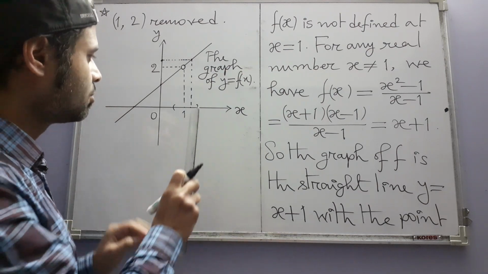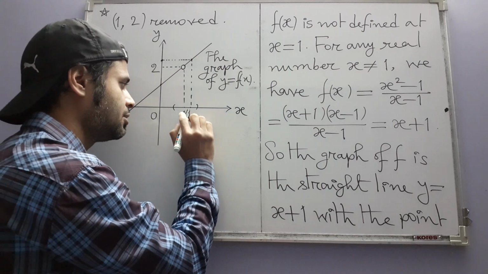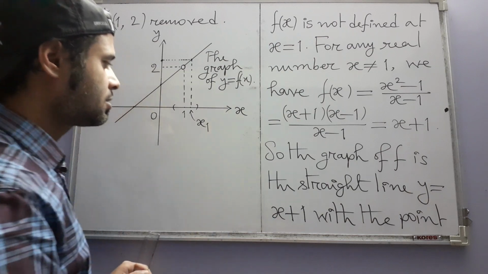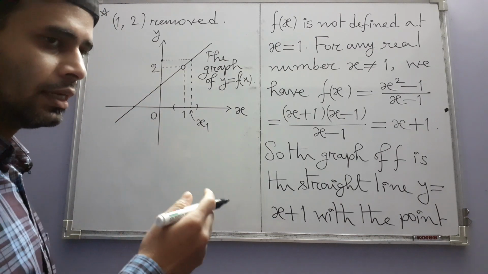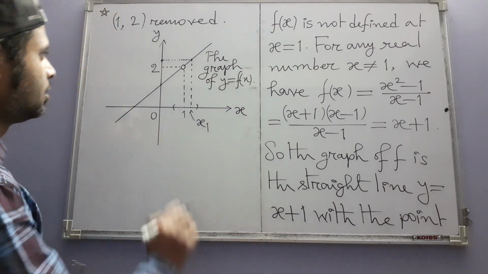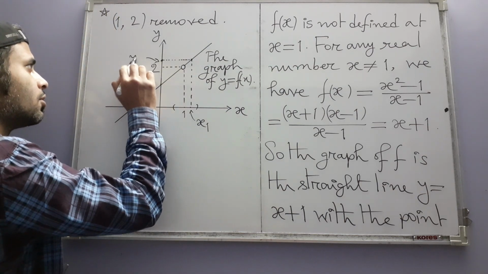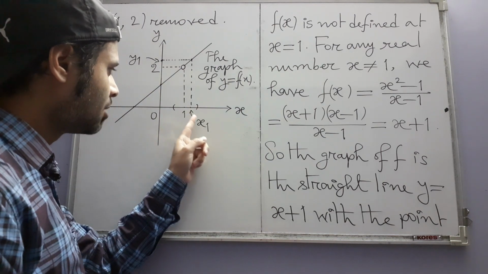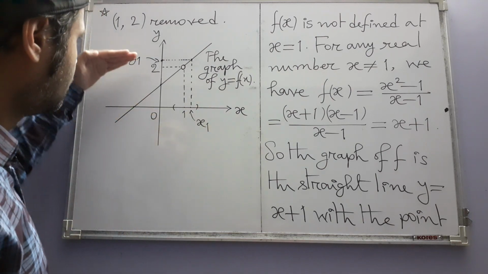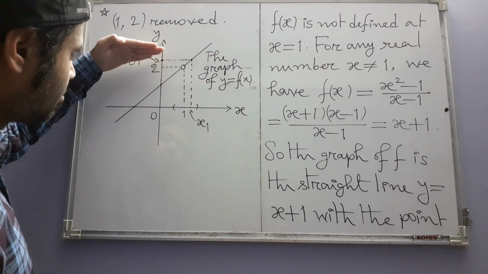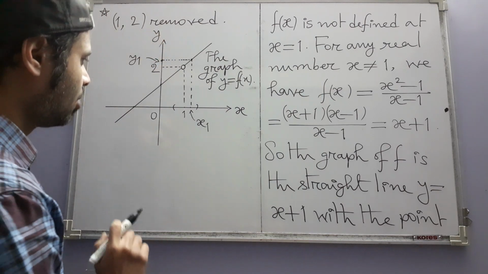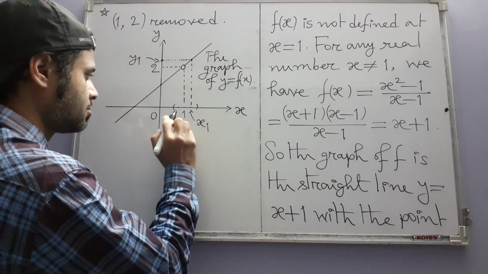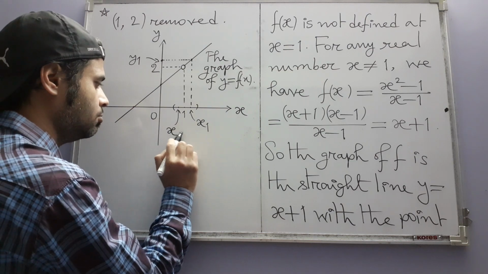Which value, that of course would depend on the actual value of this x. Let me just write some x, say x1. It is some value of x which is close to 1 but lies to the right of 1, and correspondingly here we have got, say, y1. When x1 is close to 1 but still a little greater than 1, y1 is close to 2 but it is also a little greater than 2. What happens if we take a point to the left of 1 that is also close to 1, say x2?